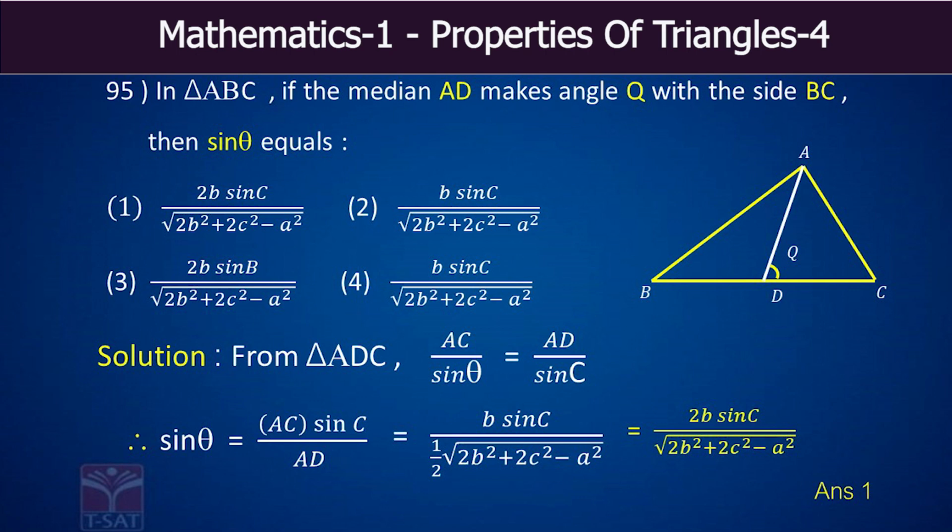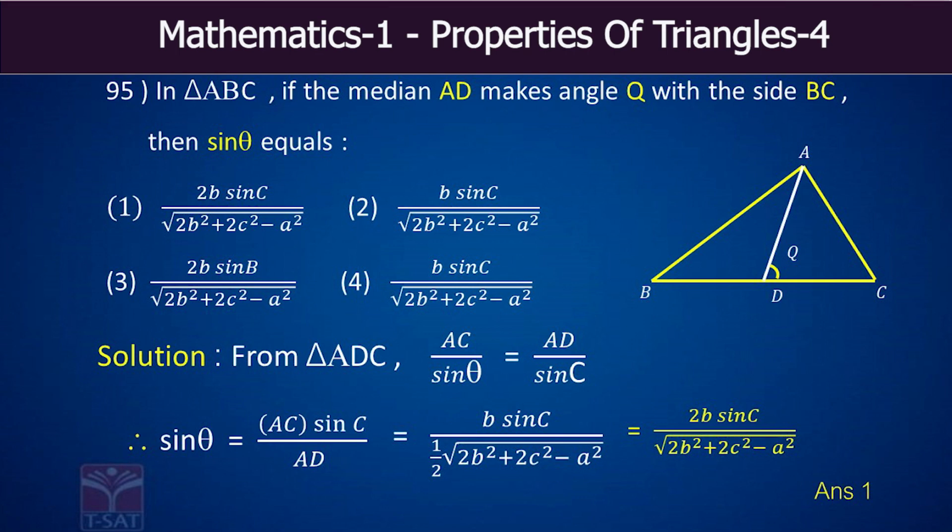In triangle ABC, if the median AD makes angle theta with the side BC, then sin theta is equal to 2b sin C by square root of 2b square plus 2c square minus a square.